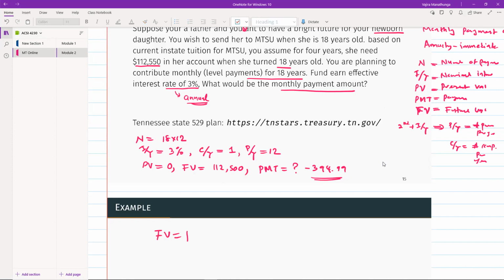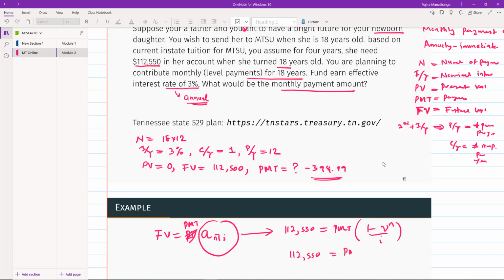Future value equals payment times the annuity-immediate, s angle N at rate I. So from here you can write 112,550 equals payment times, what's the formula for this one, (1 minus v to the N) over i.